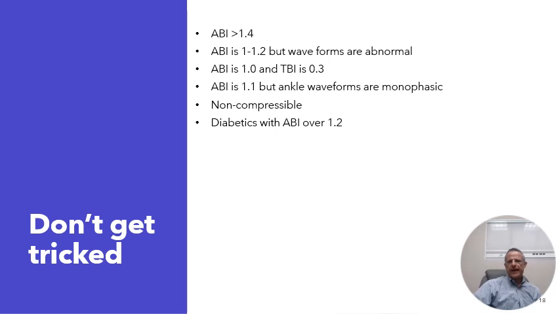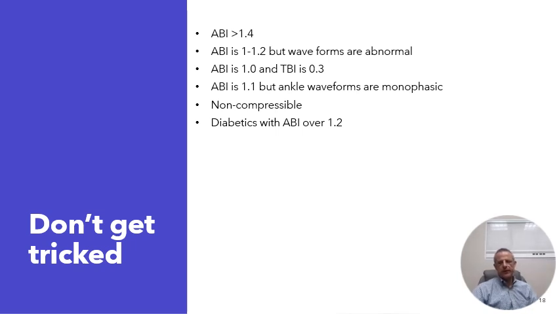So the ABI can mislead or trick us on occasion. This is why it's always important to look at the waveforms and also look at the TBI waveforms and the TBI number, as well as the patient's medical history. So don't get tricked by falsely elevated ABIs.